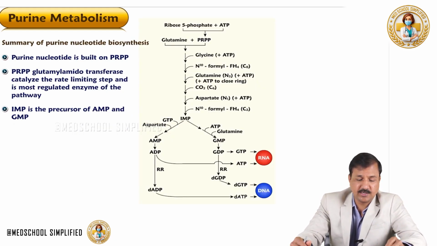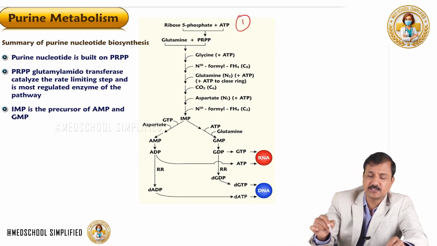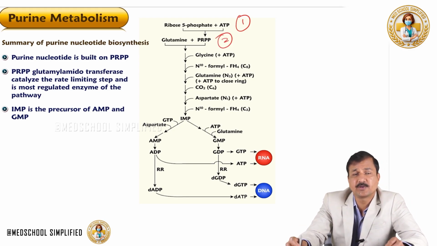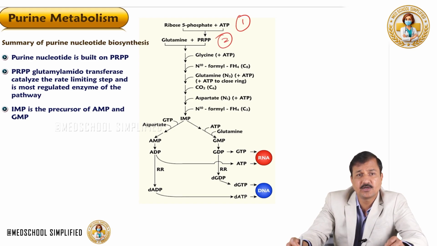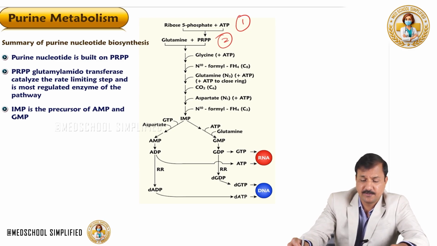So here is the summary of purine nucleotide biosynthesis. The first reaction is the PRPP synthetase reaction, where PRPP is made. The second reaction is the rate determining step and most regulated step in purine nucleotide biosynthesis, that is formation of 5-phosphoribosylamine, done by PRPP glutamyl amidotransferase.